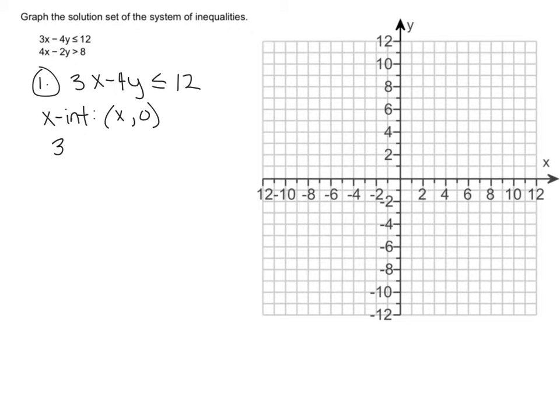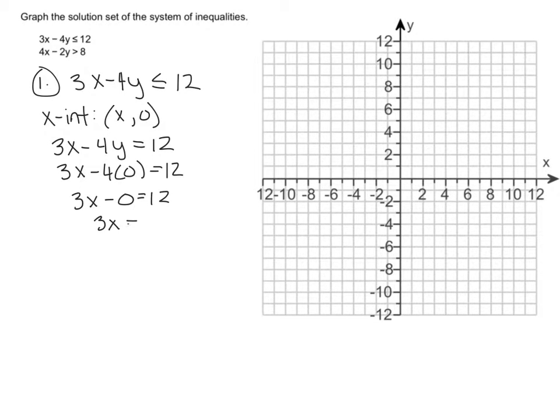And I want to change the inequality sign to an equal sign. So I have 3x minus 4 times 0 equals 12. That's 3x minus 0 equals 12, which gives me 3x equals 12. And then when we divide both sides by 3, I get x equals 4. So my x-intercept is 4, 0.